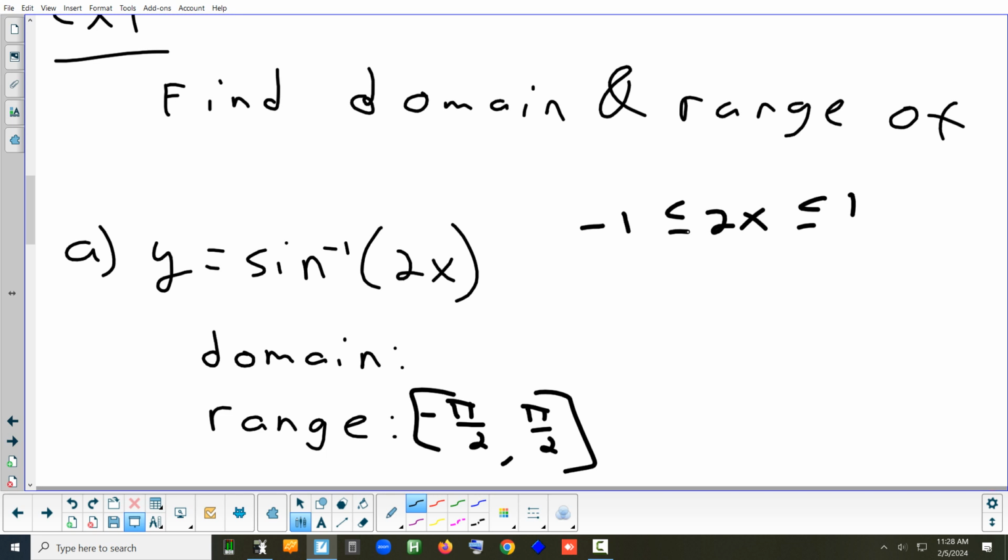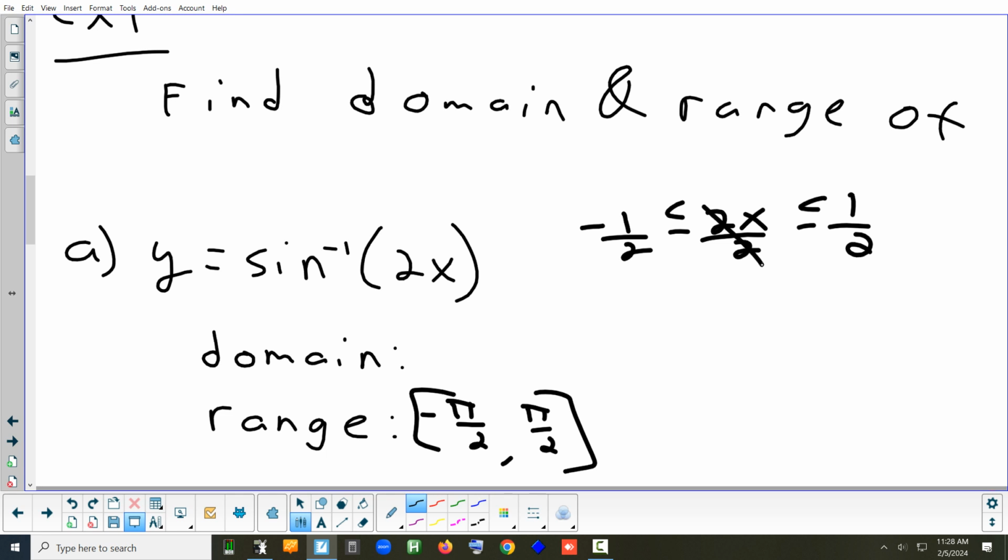And now solve for x, and that's your new domain. How do we get x by itself here? Divide by 2. So as an inequality, your new domain is -1/2 to 1/2.